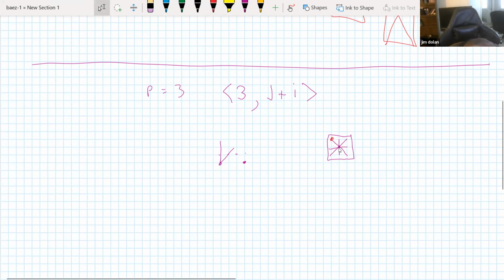So there's this one. It's got that and that, so it would be like this and this and this and this. And then it would be 1, 2, 7 here and here.